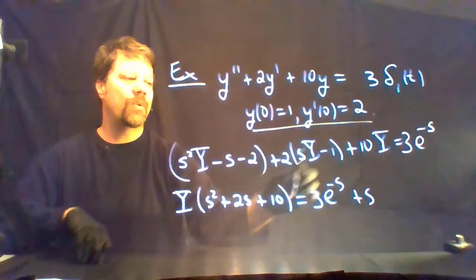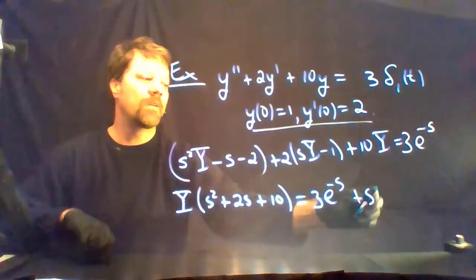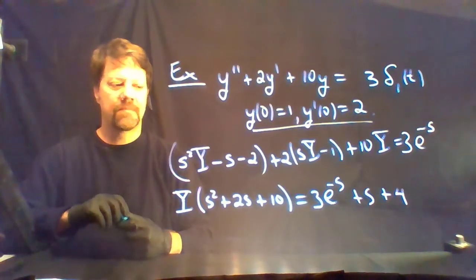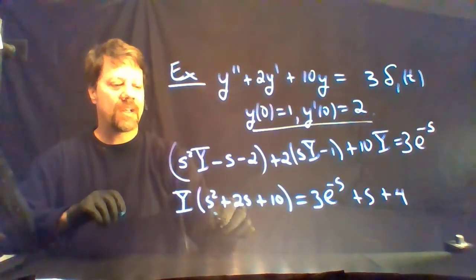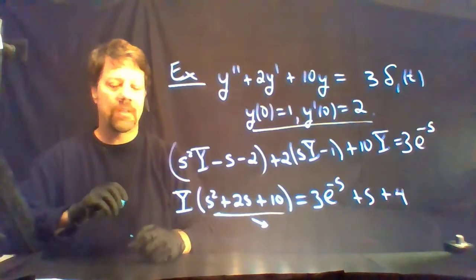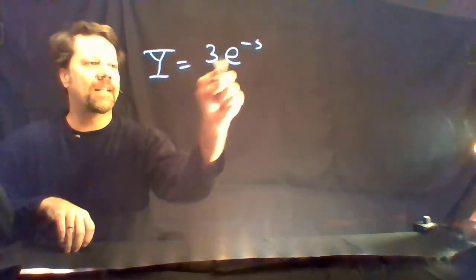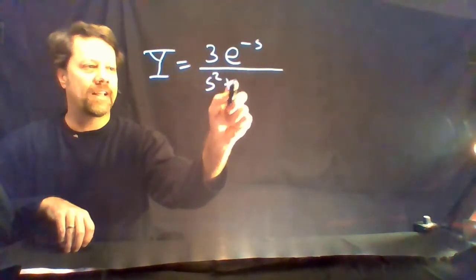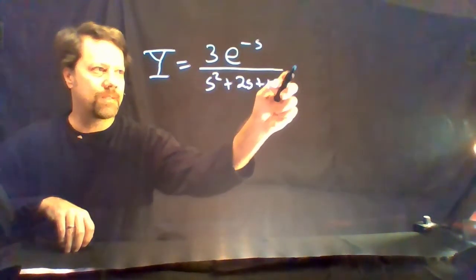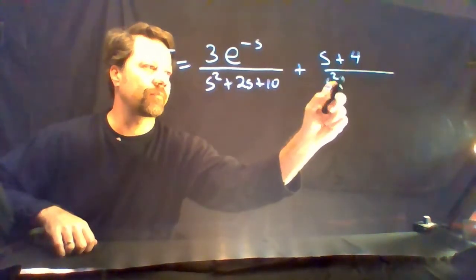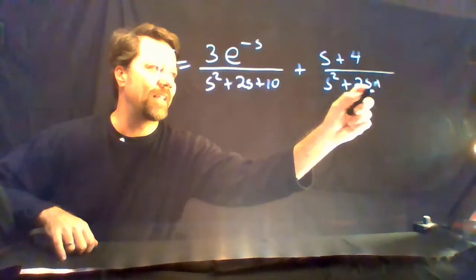We have a minus 2 and another minus 2 for minus 4. When we bring that to the other side, we get plus 4. We now divide both sides by the quadratic. It follows that Y is 3 e to the minus s over s squared plus 2s plus 10, plus s plus 4 over s squared plus 2s plus 10.